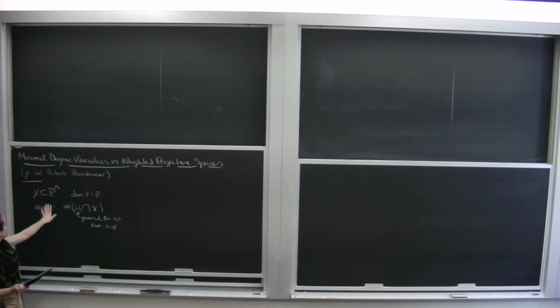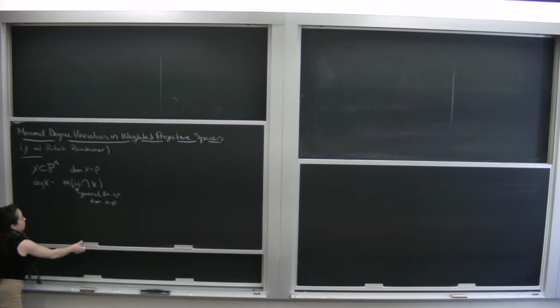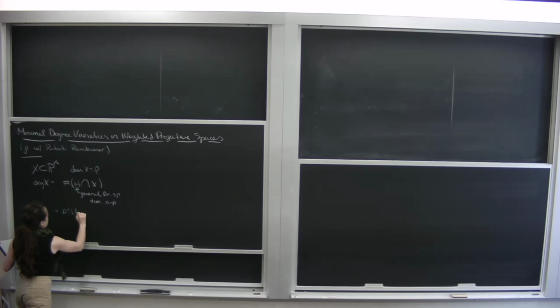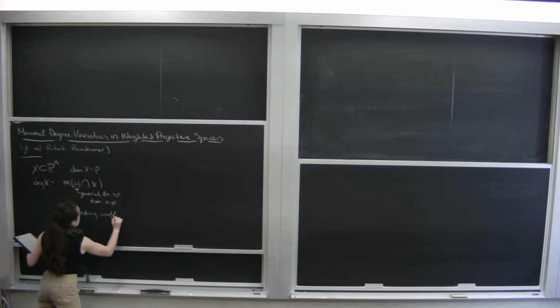I count them. This is the degree of my variety. Algebraically, the degree of X is also p factorial times the leading coefficient of the Hilbert polynomial.